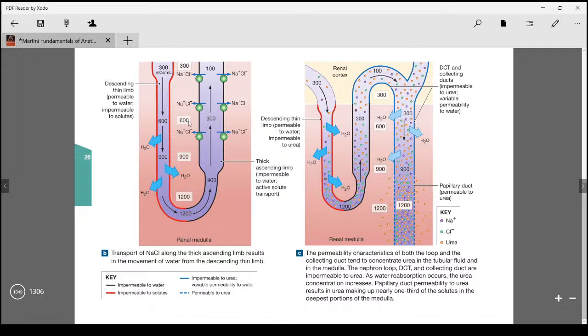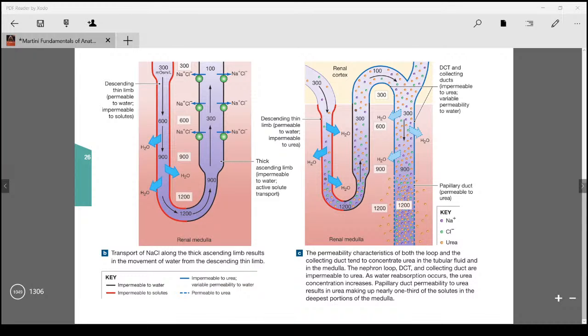When they are pumped out, you can see 1200, 900. This is the osmolarity of the filtrate. The water concentration is increasing when you are pumping the solutes out, so the urine is becoming more dilute and osmolarity is decreasing. Here the solvent concentration is increasing and osmolarity is decreasing. The urine is becoming more and more dilute here.